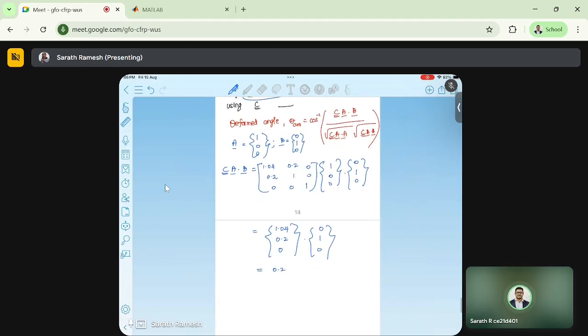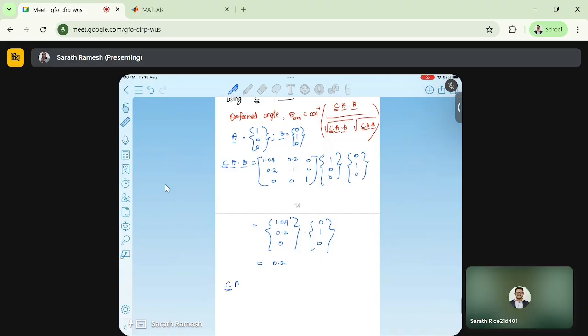The denominator will become CA dotted with A. C is 1.04, 0.2, 0, 0.2, 1, 0, 0, 0, 1, and A is 1, 0, 0 dotted with 1, 0, 0.